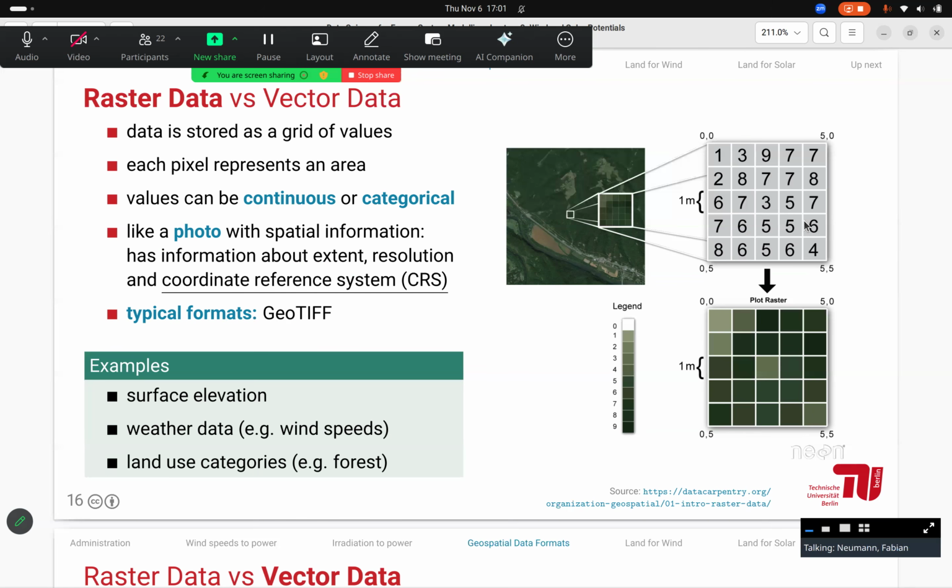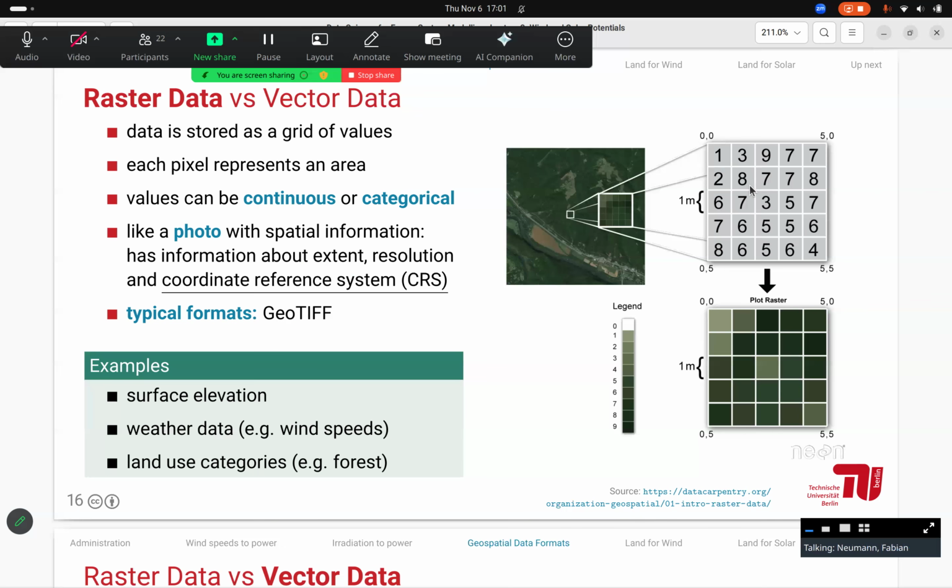Of course, you can also think about raster data in so-called continuous values, where the different values could, for example, represent a height. How high is this pixel cell on average? It could be 100 meters, 300 meters, 800 meters, and so on. So you're not limited to categorical types of data, but can also store continuous data.